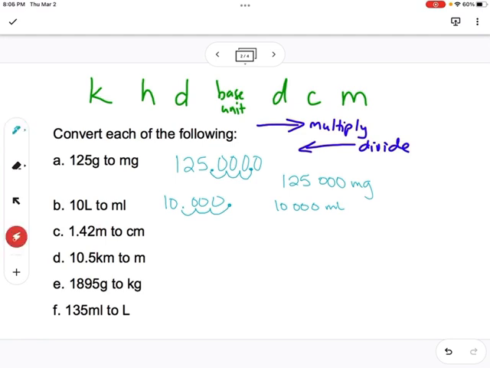Next question, 1.42 meters to centimeters. Meters is a base unit. There's no prefix in front of there. We're moving to centimeters, so that's going over 2 decimals, 1, 2. That gives us 142 centimeters.